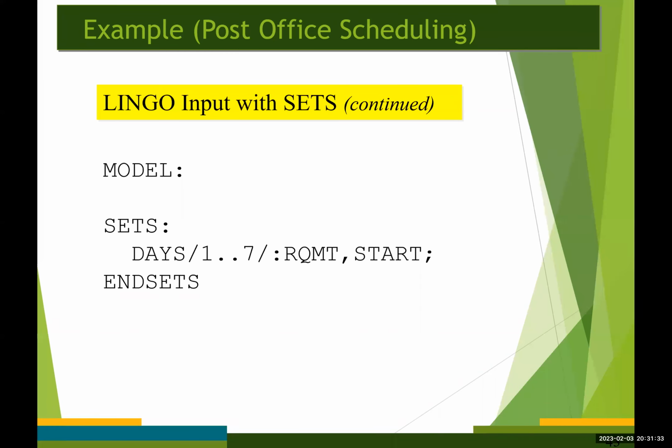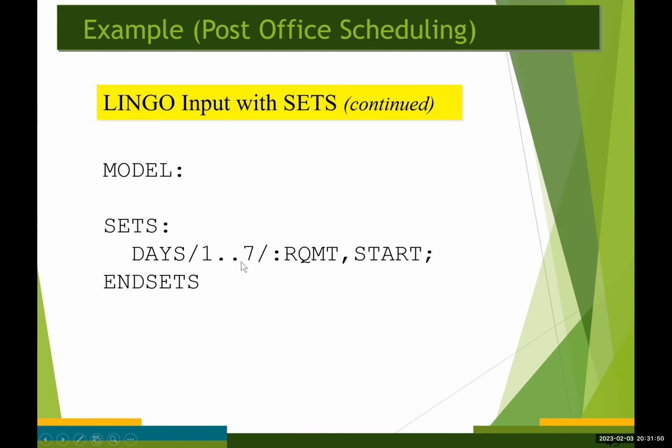Okay, so the first thing is we define the sets needed to solve the problem. So here we define the days of the week, right? Because there are 7 days in a week. That's why we have only 7 different members, right?